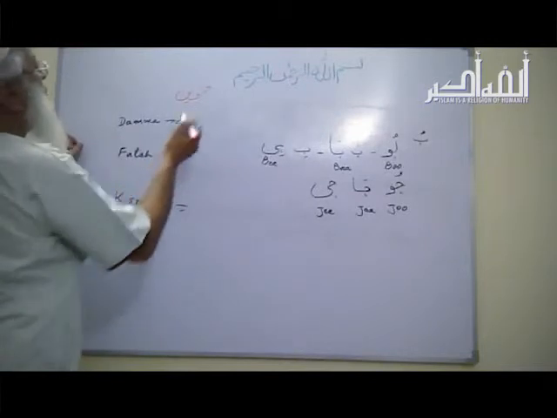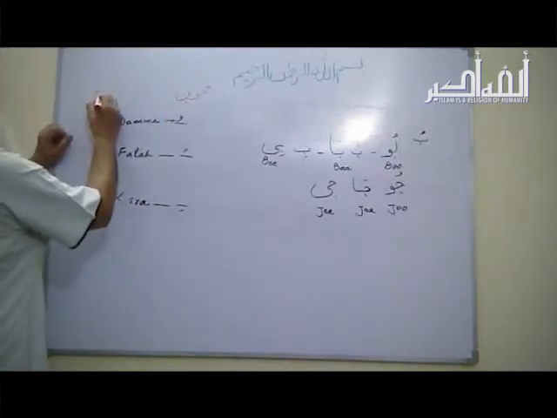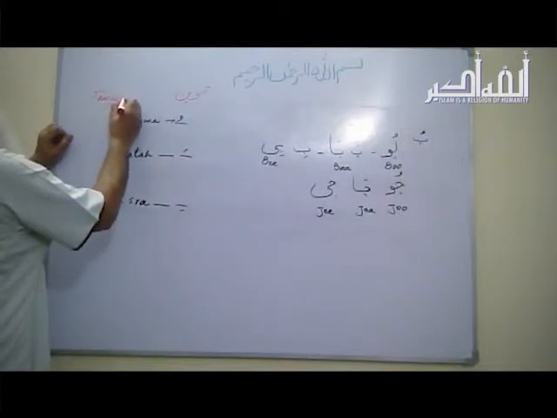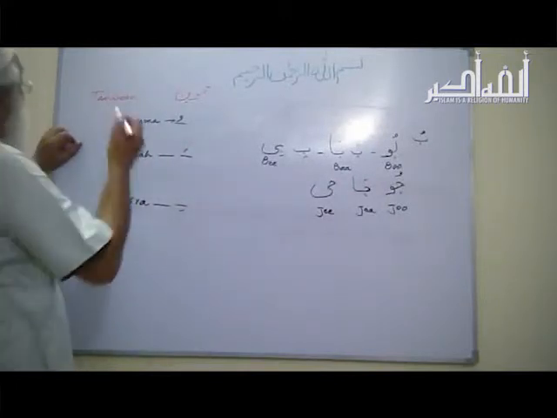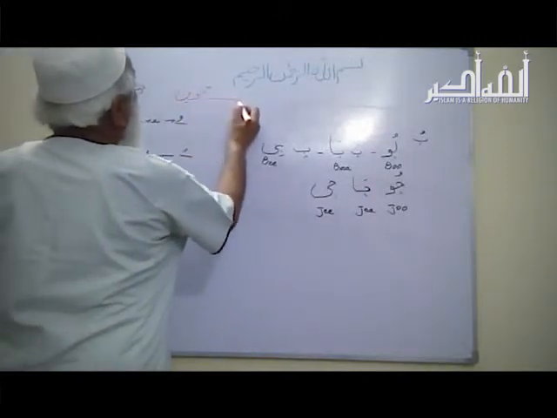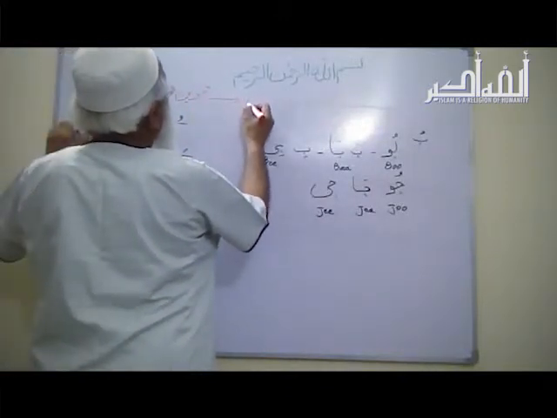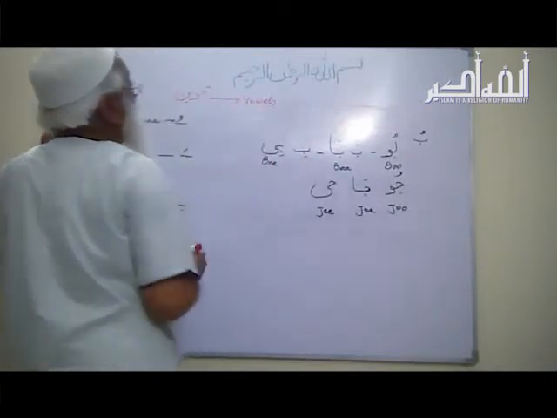This we write in Arabic like this, and in English I will just write it here. Tanween. But in English, this tanween is called vowels.